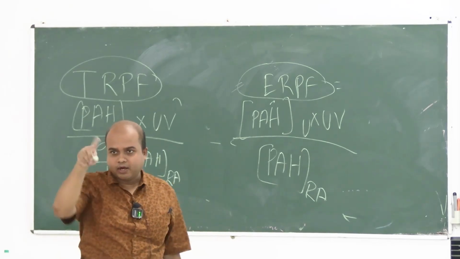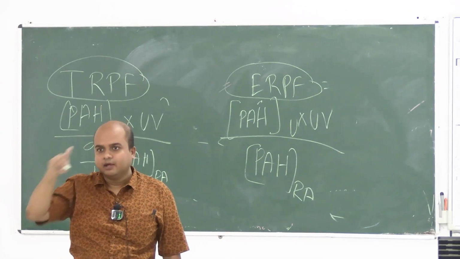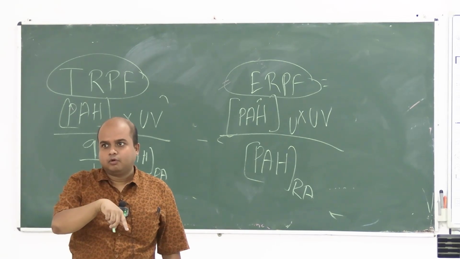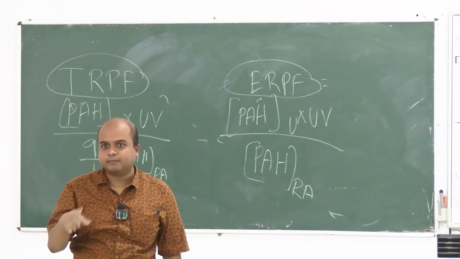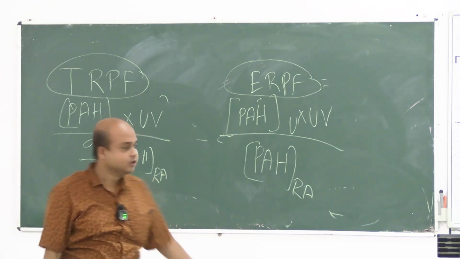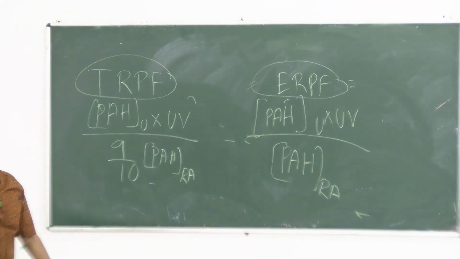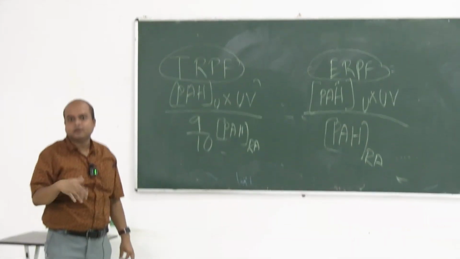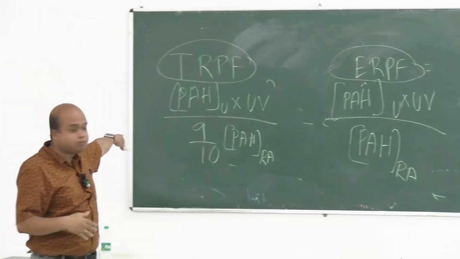When I substitute the concentration of PAH in the renal vein on the basis of the value of the renal artery, it will be 1/10, because 10% goes out through the renal vein. So if we divide this by this, ERPF by TRPF into 100, that is how much percentage effective renal plasma flow is of true renal plasma flow, it will come to 90%.